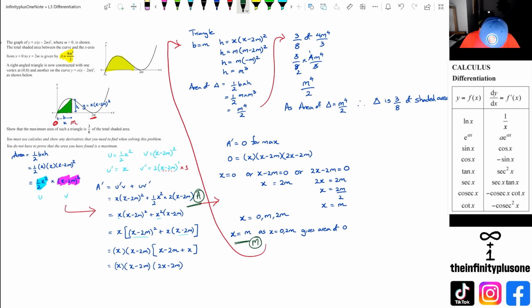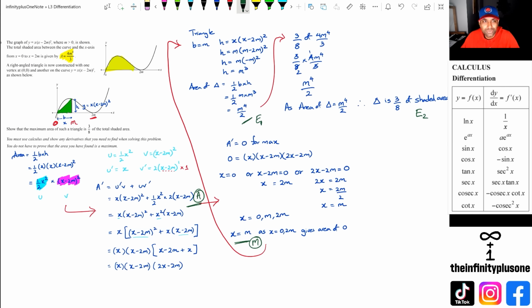So getting up to here is going to get you a merit. T1 is area of half. So this is T1 here, m to the 4 over 2. So this is one excellence grade. And then finding out the correct proportion part is your second excellence grade. So a bit of a long-winded question, but a good question though.